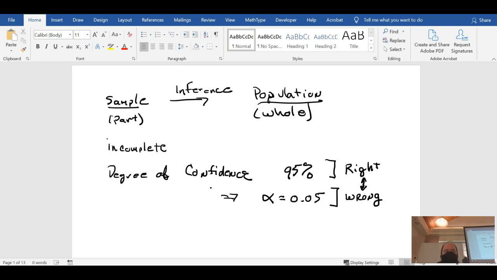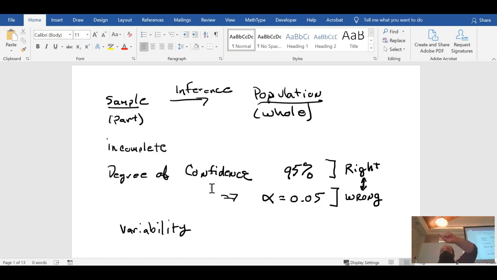Now, the question first is, what's the source of me not being 100% sure? And what's going on here is what's called variability in samples. Could I take a simple random sample of 20 Garrison Forest School students and happen to get the 20 tallest students?